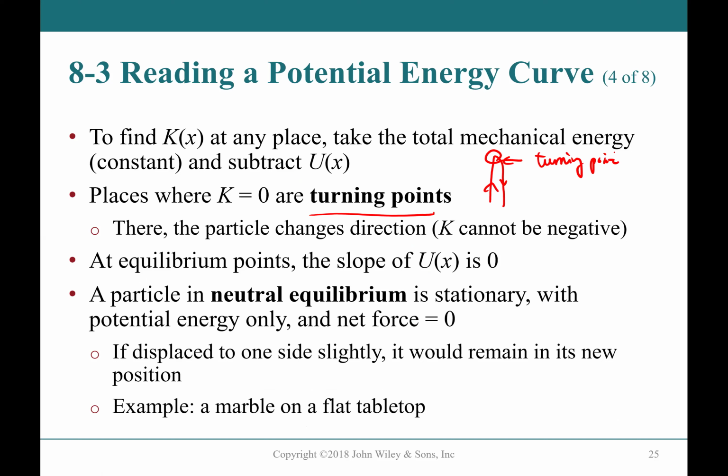So at a turning point, our kinetic energy goes to 0, because if it's not 0, the object will keep going up. So for a turning point, you are going to have your kinetic energy equal to 0. And the turning point is where the particle changes direction, okay?